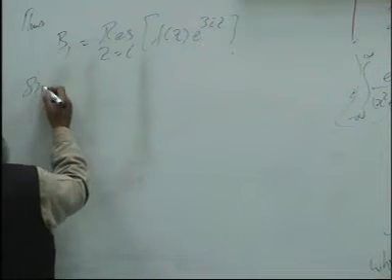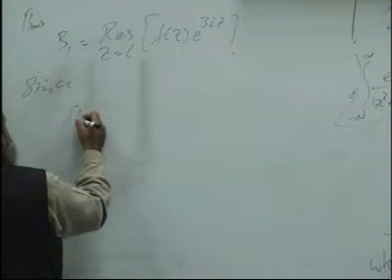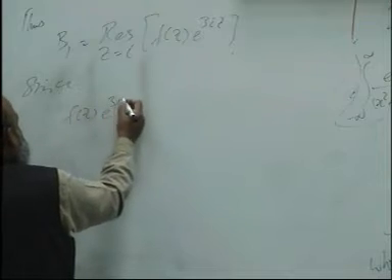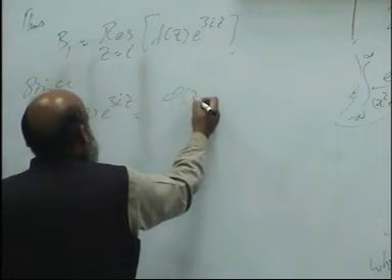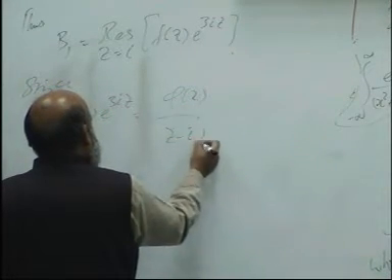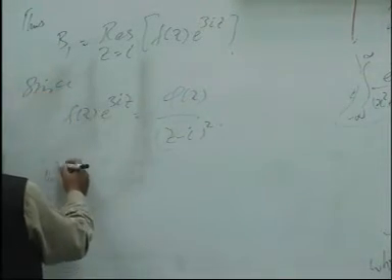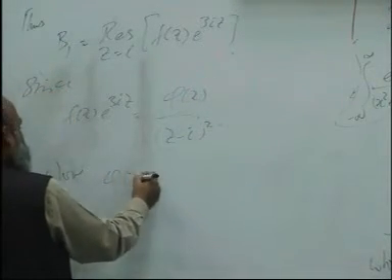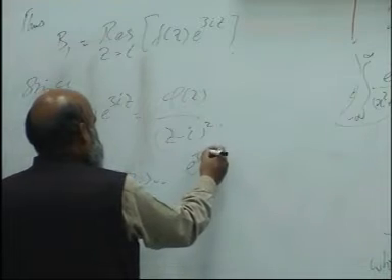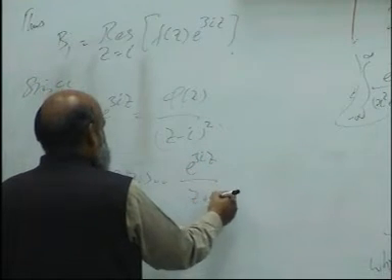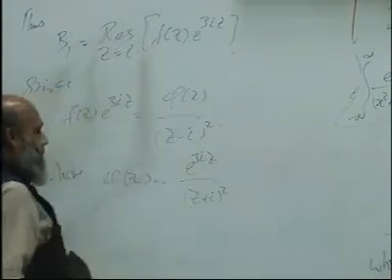Now since f of z e power 3 iota z can also be written as phi z over (z minus iota) square, where phi z is exponential 3 iota z over (z plus iota) square.